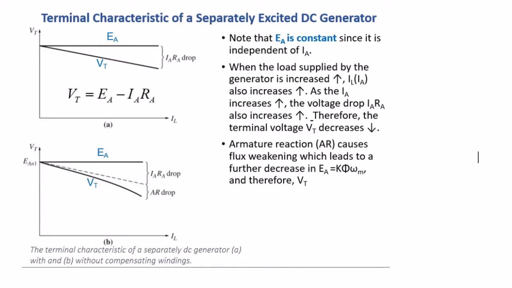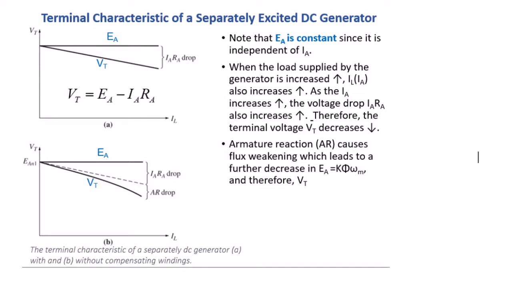So we talk about torque and speed as the terminal or output characteristic of the motors. Now when we talk about DC generators, the output is in terms of voltage and current, specifically the terminal voltage and the line current.